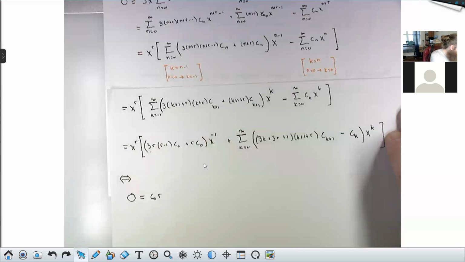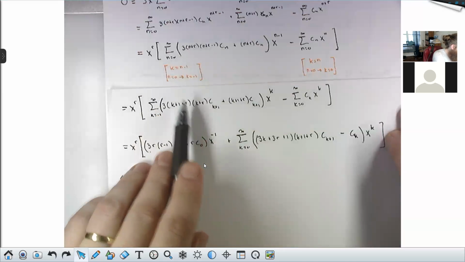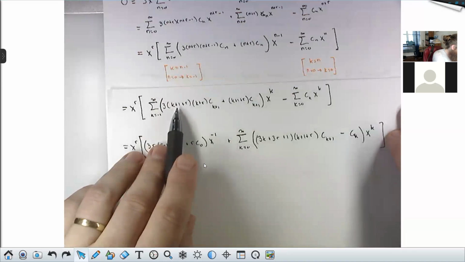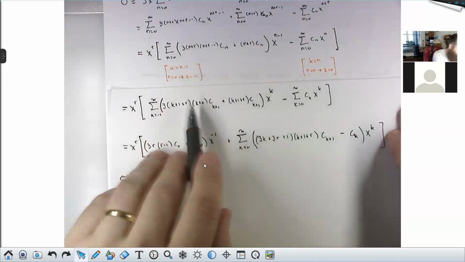Oh, when I did my shift, did I miss a term here? So n plus r should become k plus 1 plus r. N plus r minus 1, that's n minus 1 plus r, should become k plus r.